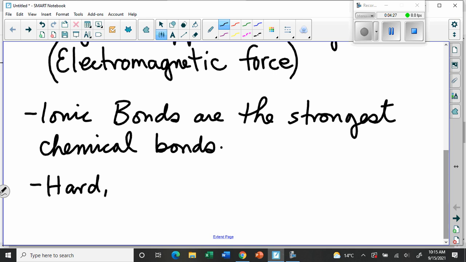They make hard, brittle compounds. Brittle means when you try to force it, it crushes into little pieces rather than something that is soft and gooey. Brittle is kind of the opposite of soft and gooey, right? Hard, brittle compounds.